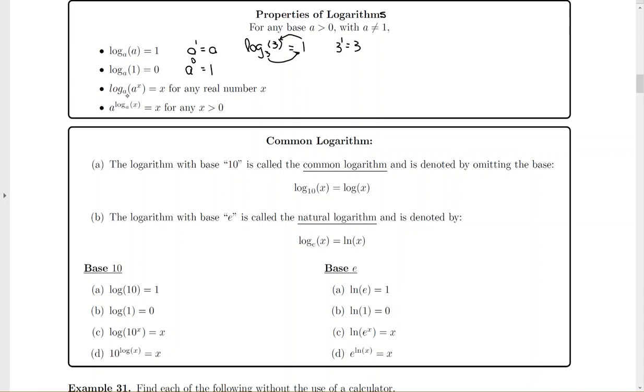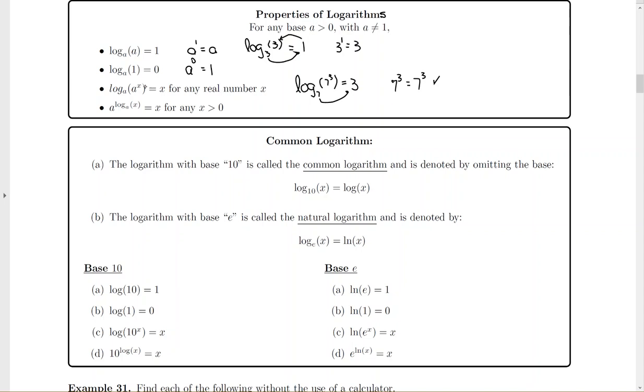Log base a of a to the x will automatically equal x. And if we think about that for any real number x, if I have log base 7 of 7 cubed, it has to equal the number 3 because 7 to the power 3 has to equal what's inside here, 7 cubed.